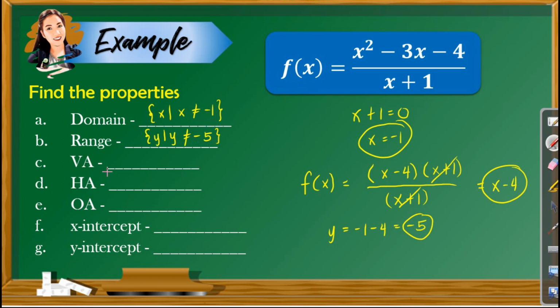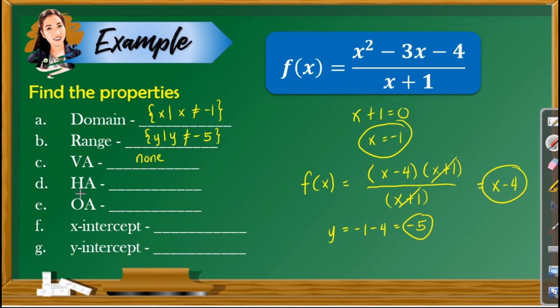How about the vertical asymptote? If we are going to look at our simplified function x minus 4, we do not have anymore a value or an expression in the denominator, meaning to say this function does not contain a vertical asymptote, so we have to write the word none.